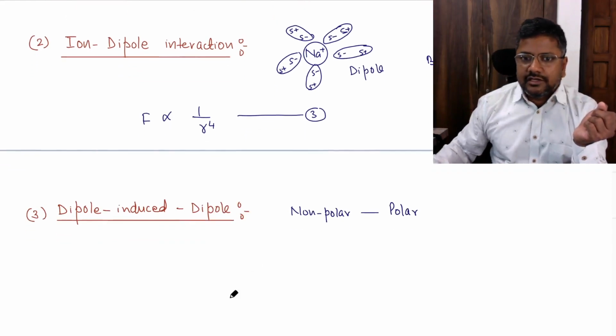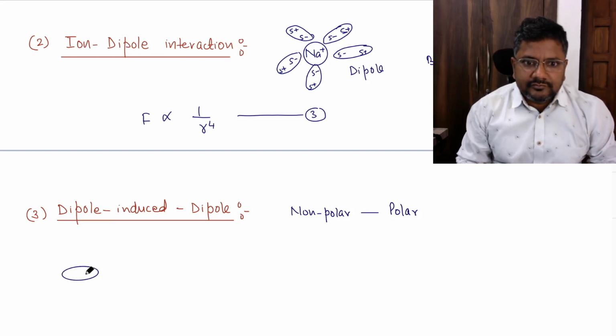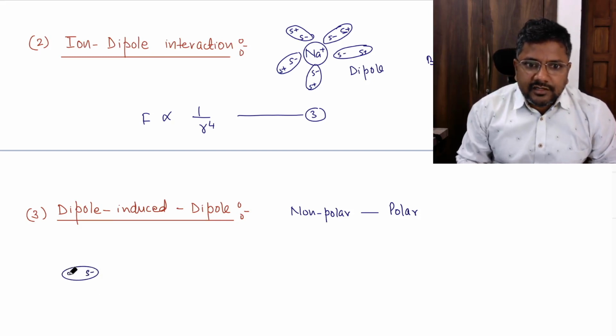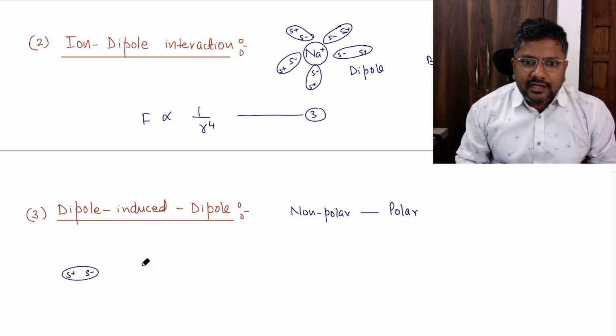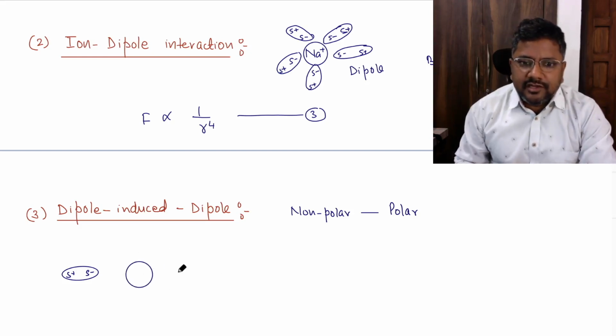So what we can see, suppose that this is a polar molecule, delta negative and delta positive, and this is a non-polar molecule, spherical, symmetrical.